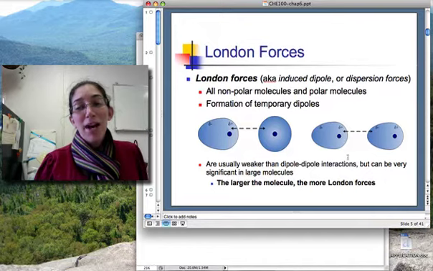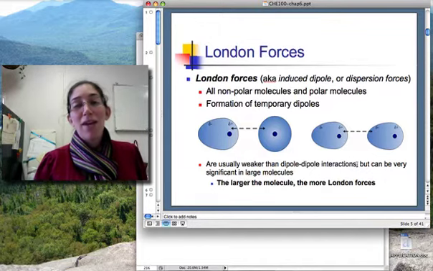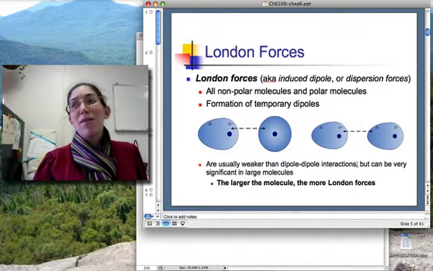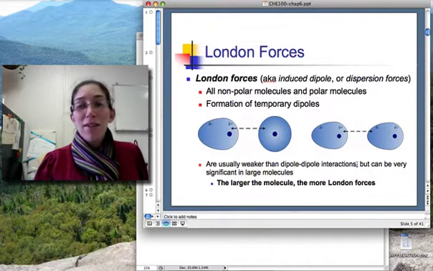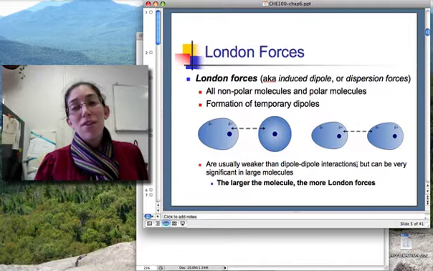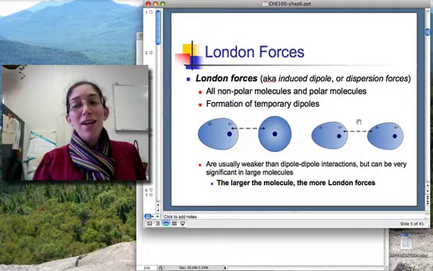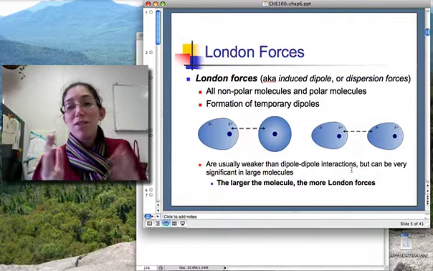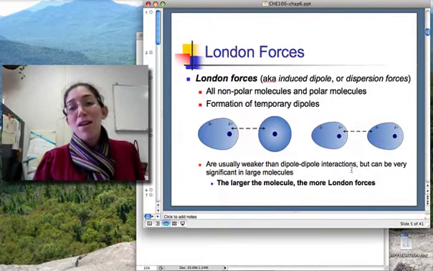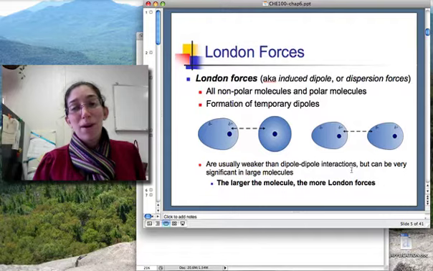But if you have a molecule that has only a few atoms in it, like ethane, which is C2H6, so there's 2 carbons, 6 hydrogens, 8 atoms total in that molecule, the London forces in that molecule are going to be pretty small because it's a fairly small molecule.